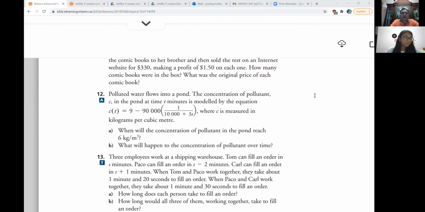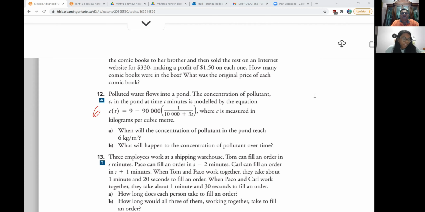So you want to find when the concentration will reach 6 kg per meter cube. How did you find that? The first thing I did was I set C equal to 6 in the equation that was given. Then I had the equation negative 6 plus 9 equals negative 90,000 times 1 over 10,000 plus 3t.